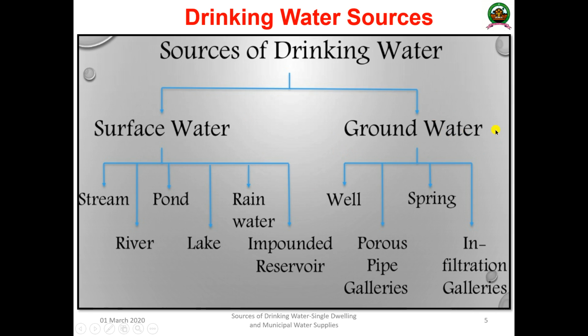And the groundwater is the water that is obtained from the deep ground layer of the soil, and that is obtained by many procedures; the major sources are wells, springs, porous pipe galleries, and infiltration galleries. So these are the major sources of drinking water.